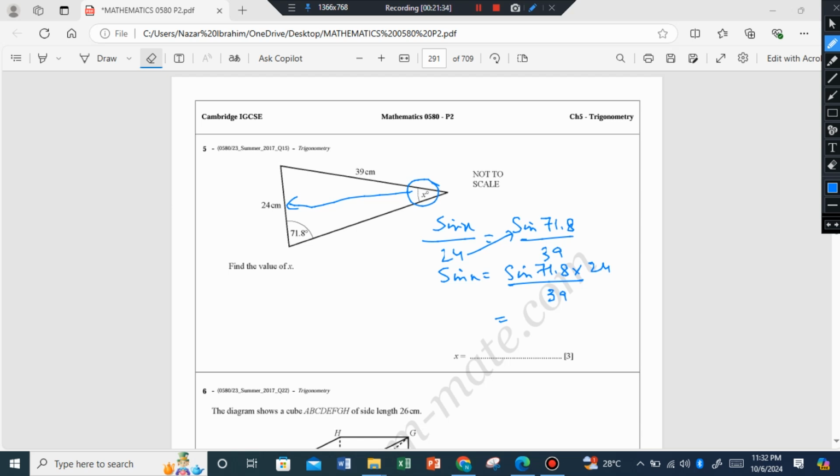Alright, after solving this, I will first solve it and then take the sine inverse of that, right? So sine 71.8 multiplied by 24 upon 39, right? 0.5845.